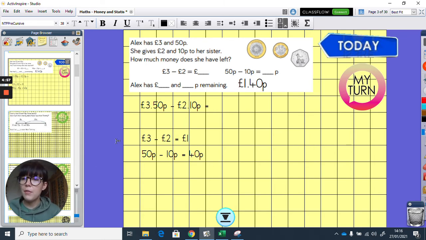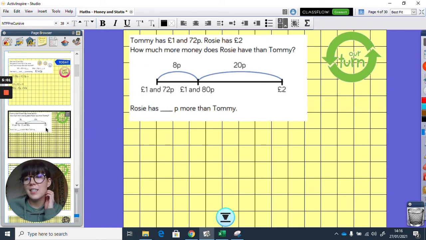However, it's going to get a little bit trickier, because we're going to need to exchange for our next question. In a minute you're going to have a go at it, but I'll quickly talk you through what we're doing, because otherwise it's a little confusing to see. Tommy has £1.72. Rosie has £2. How much more money does Rosie have than Tommy?